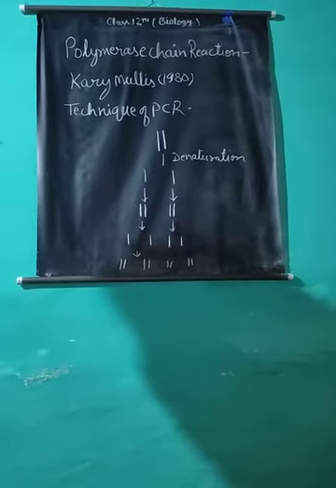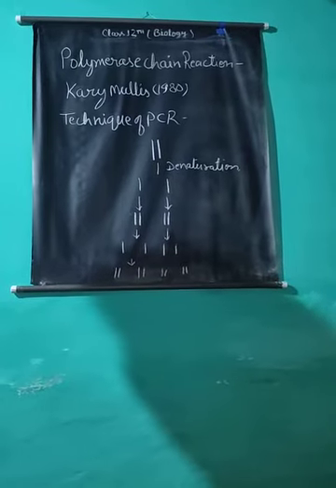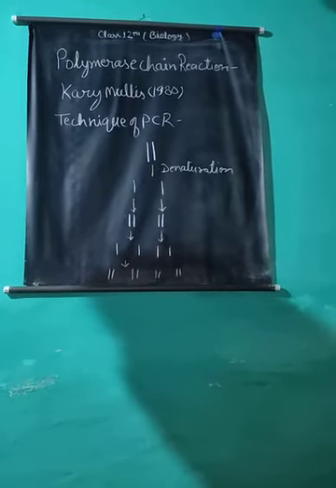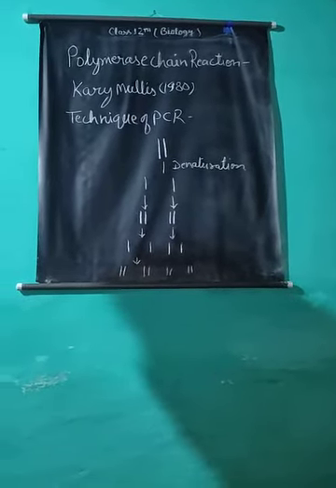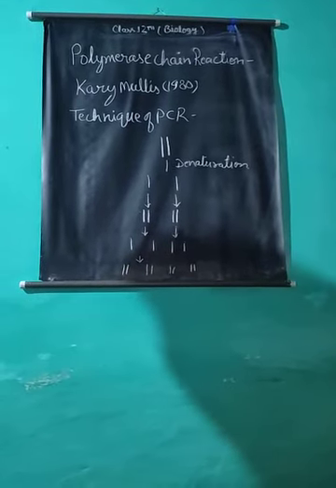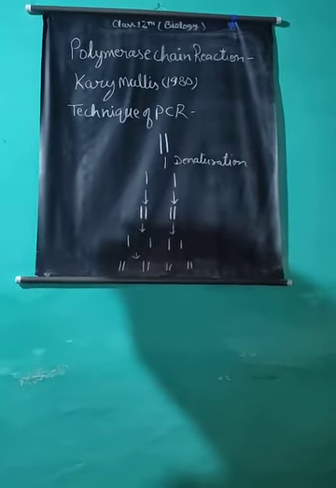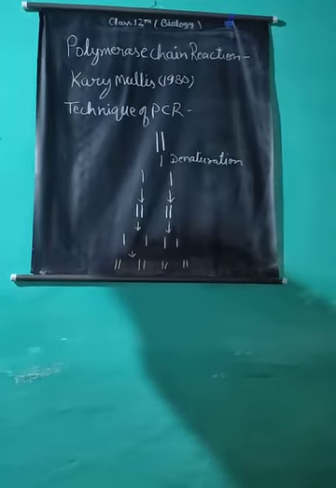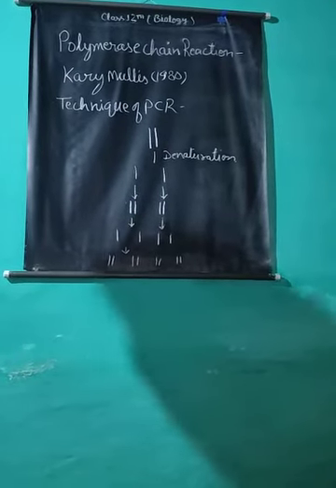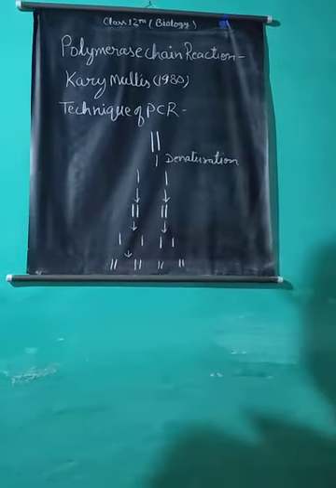In the third step, synthesis of new DNA or extension. Temperature is raised to 75 degrees centigrade. At this temperature, Taq polymerase initiates DNA synthesis at the 3' OH end of primers.